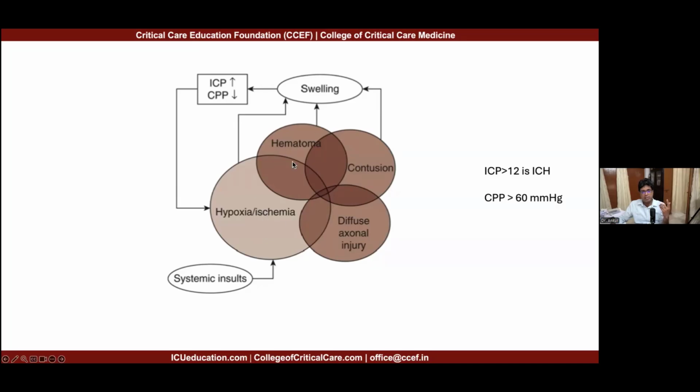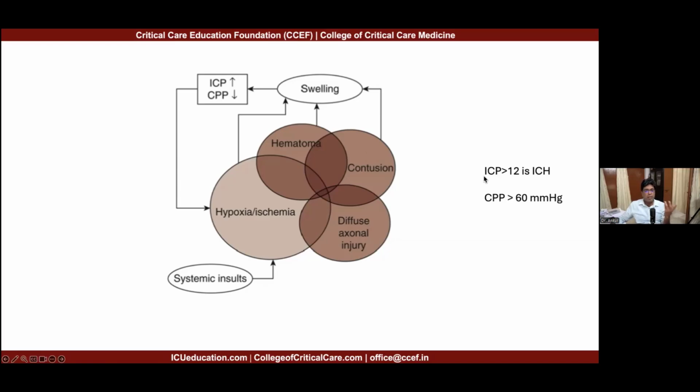All these things lead to swelling of the brain, and once the swelling happens, it causes raised intracranial pressure. Because of the raised intracranial pressure, the cerebral perfusion pressure drops. Why? Because mean arterial pressure is constant and intracranial pressure is increased, so cerebral perfusion drops. This causes the cells to suffer further injury, hypoxia, ischemia, and this vicious cycle goes on.